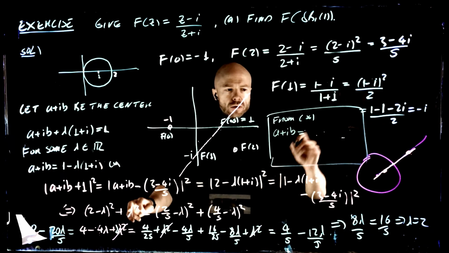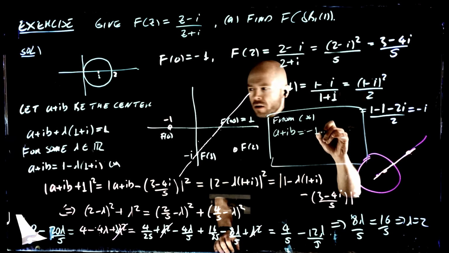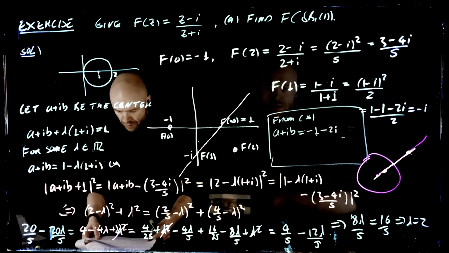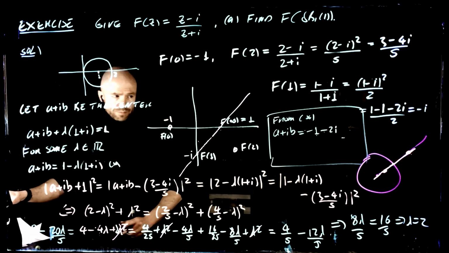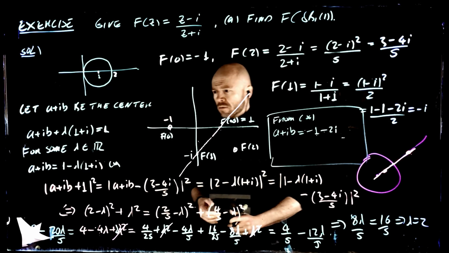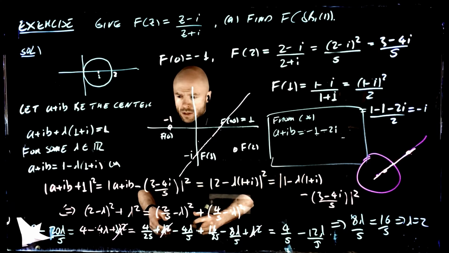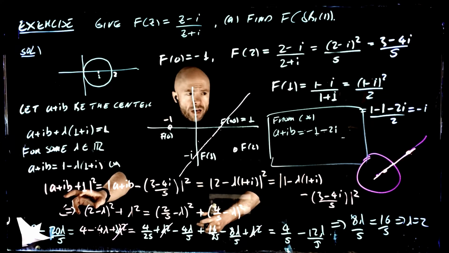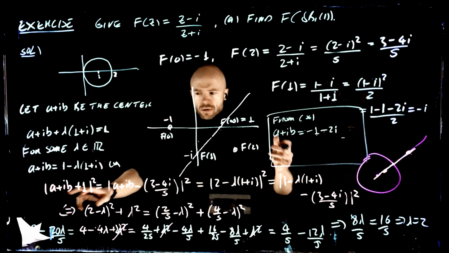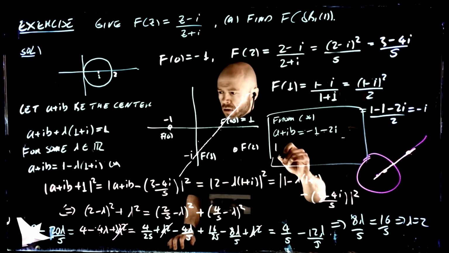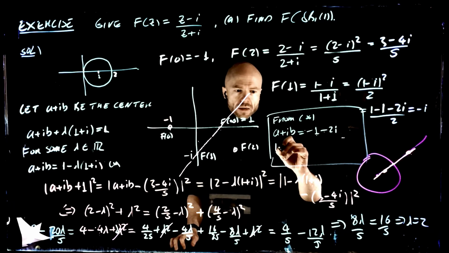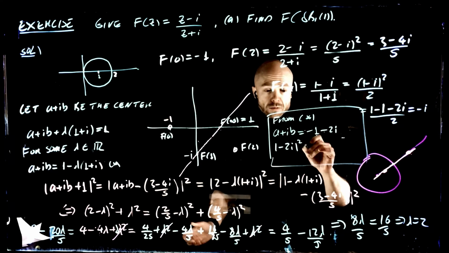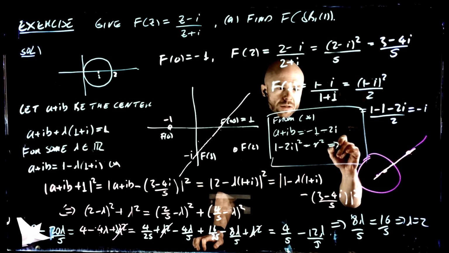So it's 1 minus 2, which is minus 1, and minus 2i. Okay, and this being the case, we can now find the radius because we can put into either of these things. So this is the radius squared. If we put into this thing, then we're just going to have that minus 2i, because we're just adding 1, squared is the radius squared, which implies that the radius is equal to 2.